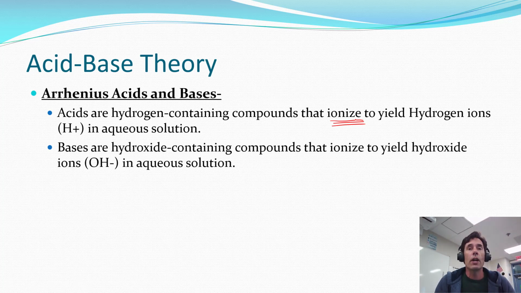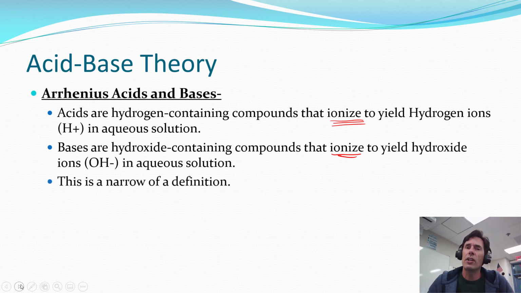Meaning, when I put a substance that contains hydrogen in it, it will produce hydrogen ions. Pretty simple, okay? Bases, on the other hand, are hydroxide containing compounds that ionize, meaning form ions to yield hydroxide in aqueous solution. Okay, so it's a very good definition of an acid and a base. However, the problem is it was a very narrow definition.